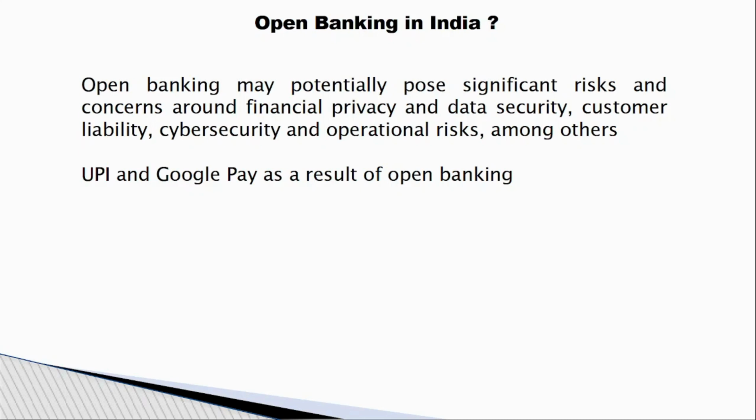Whatever we see in UPI and Google Pay is a result of open banking only, because previously, now you can go to PhonePe, you can go to Google Pay. You can see your HDFC, ICICI bank account balance.